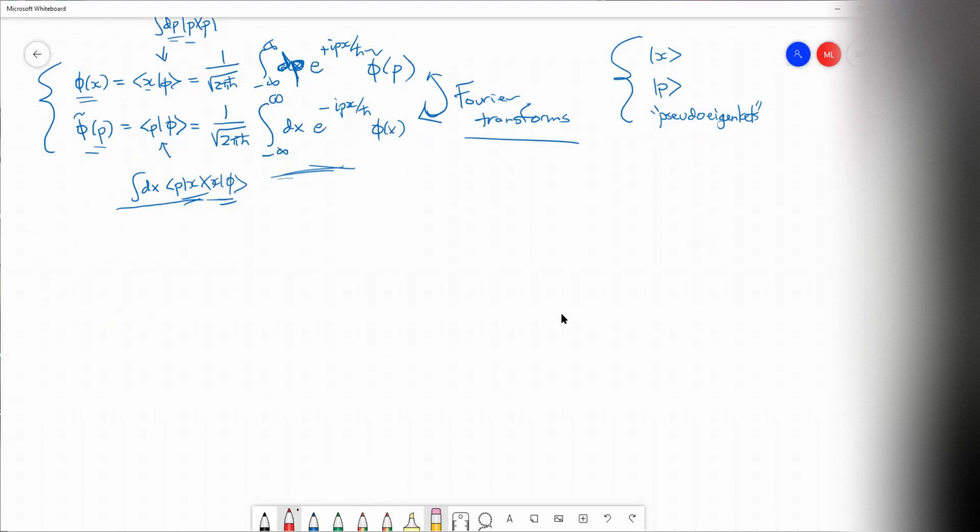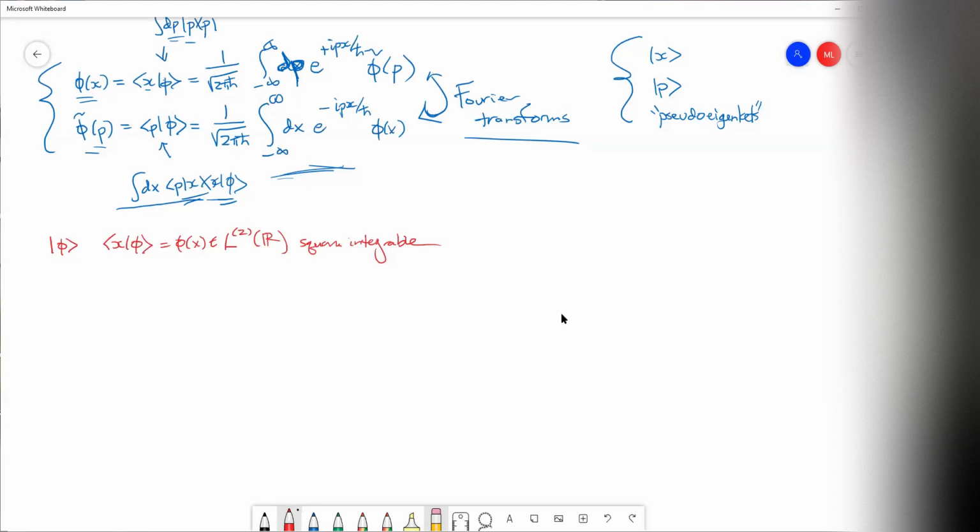Okay, if not, we can think about now the actual states phi. And remember, if you have actual states, then their associated wave functions are going to be in L2 of R. They're going to be square integrable wave functions, right?